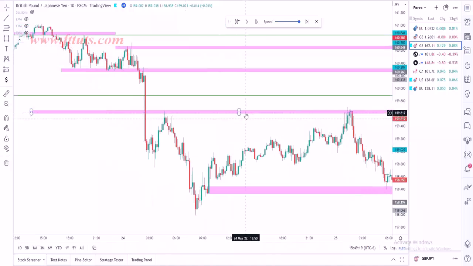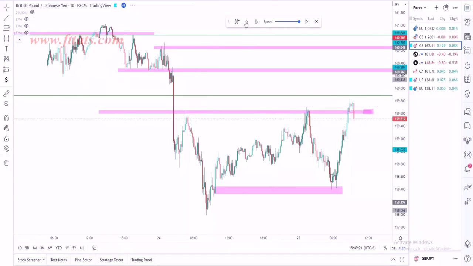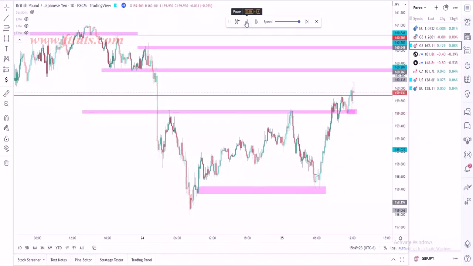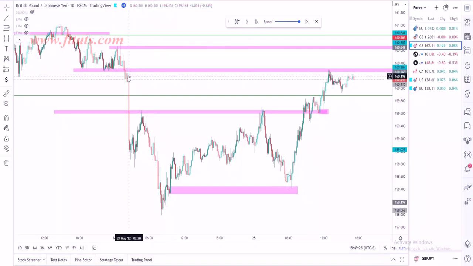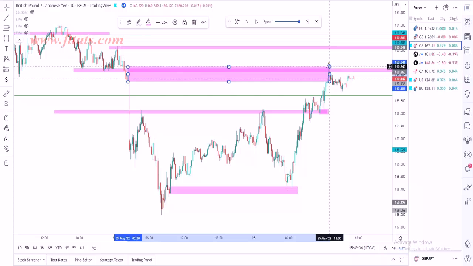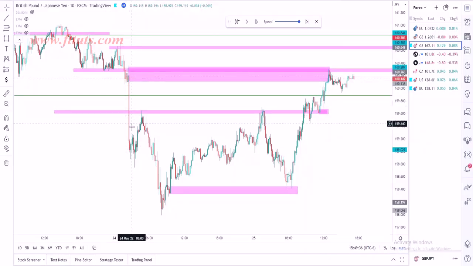Okay, let's look around here. Okay, let's grab this one because this one really sticks out to me like a sore thumb. I mean, this thing is, look at the drop on that sucker.